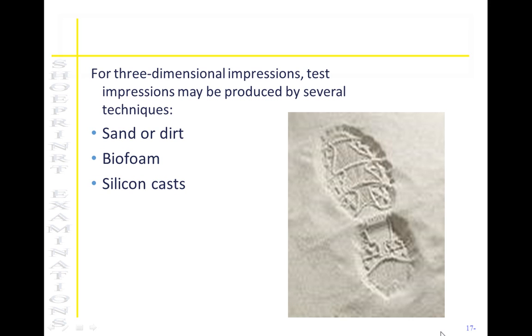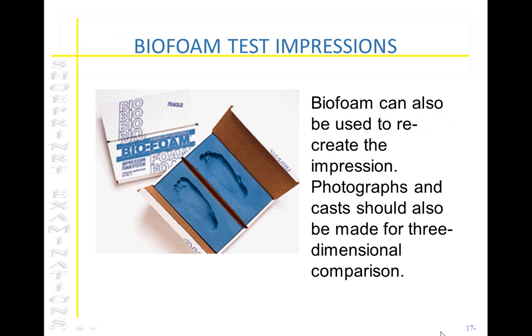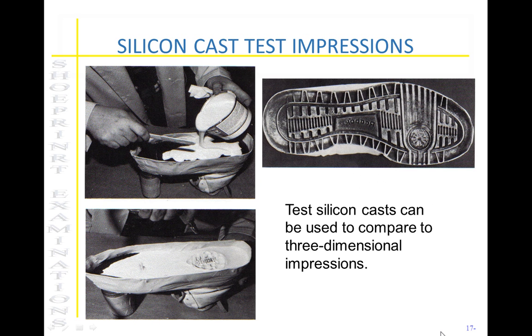So they can make impressions by stepping into the sand and then making a plaster cast of that, or stepping into biofoam, and a plaster cast can also be made from this. Or a silicon cast can actually be made around that shoe itself, giving the three dimensions again to the impression.